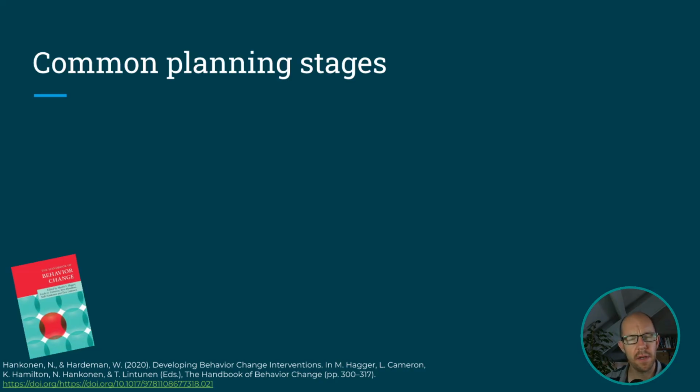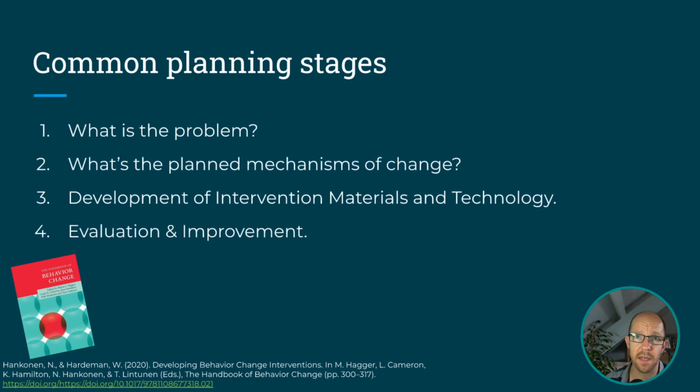So I've only touched on three different models there, but you could see from the first few slides there are many different models. Nelli Hankonen and Wendy Hardeman have produced a really good chapter, and in fact there's a couple of good chapters in this recent book by Martin Hagger and colleagues, and they've just tried to distill down some of the common themes across different planning models.